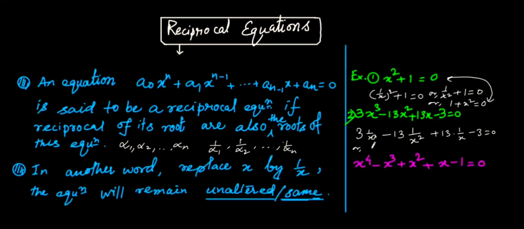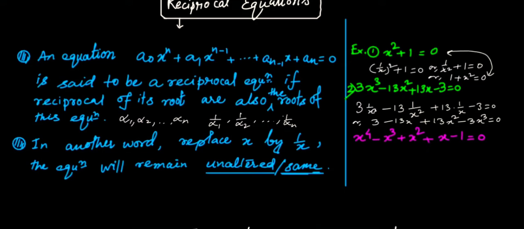Multiply by x cube, we will get 3 minus 13x plus 13x square minus 3x cube equals 0. Now multiply by negative 1, then we will get the previous equation.